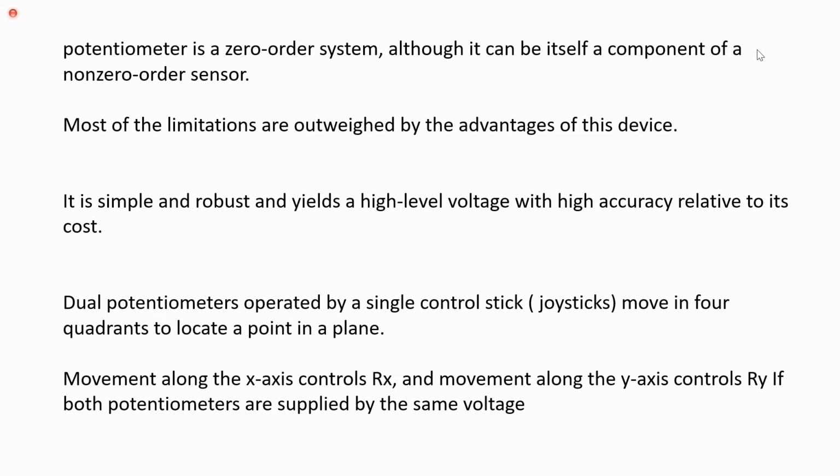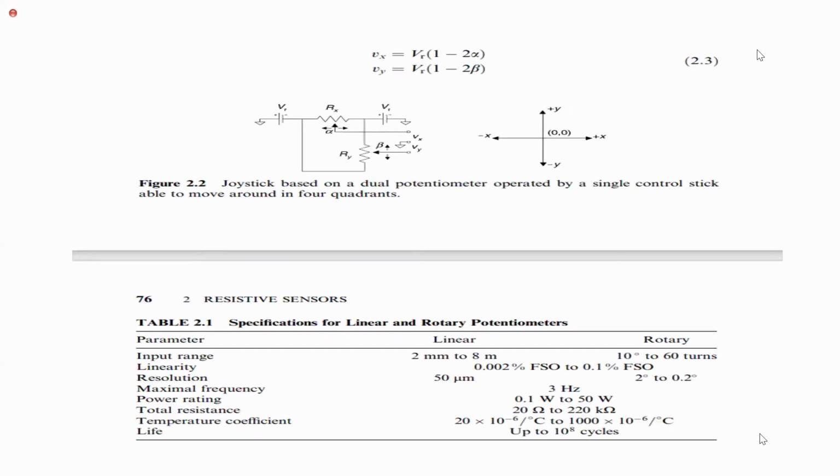Most of the limitations are outweighed by the advantages of this device. It is simple and robust and yields a high level voltage with high accuracy relative to its cost. Dual potentiometers operated by a single control stick move in 4 quadrants to locate a point in a plane. Students, here we have a joystick type of potentiometer.